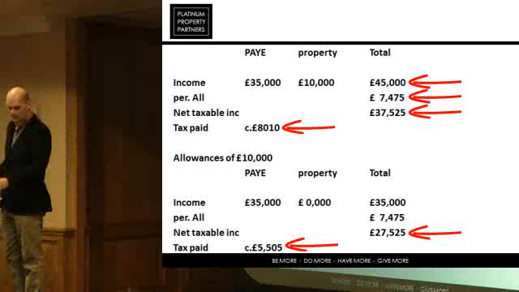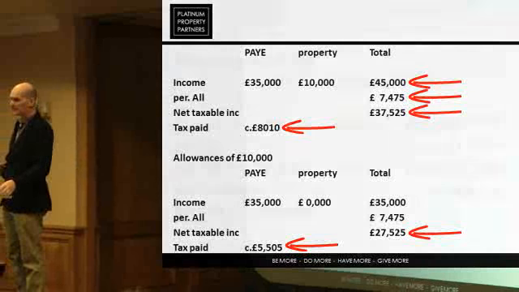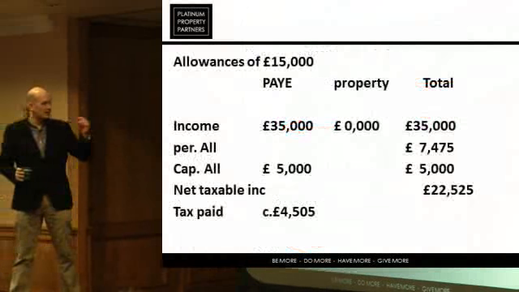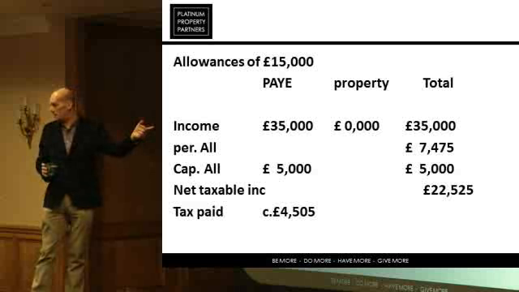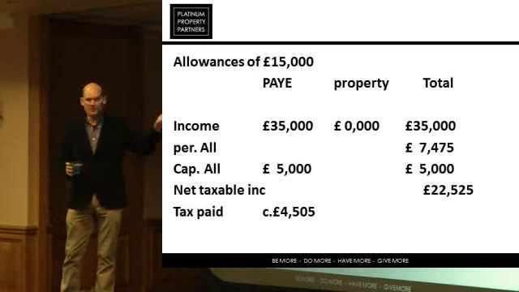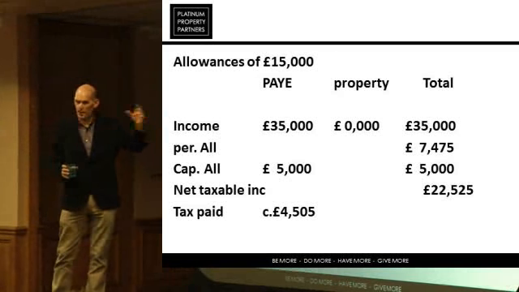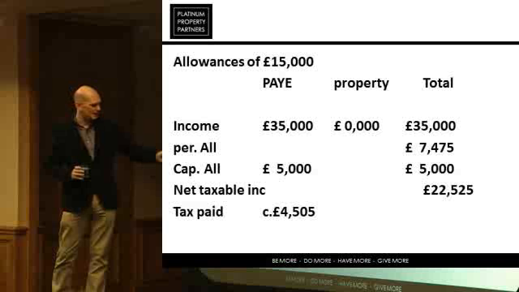But I say, if we find you more, say we find you £15,000, here's how it will work. You still have your income through your job, still employed, £35,000, congratulations. The profit from your property is wiped out by 10 of the 15,000. So you still have your personal allowance, everybody gets that automatically.